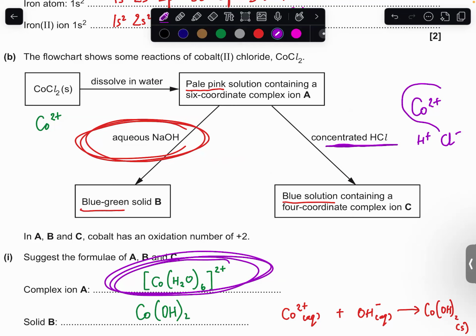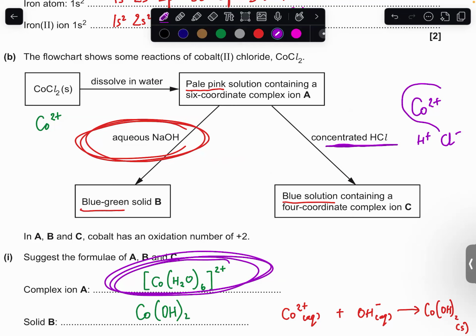Now, the complex ion it forms, we've learned this with copper. When you add concentrated HCl to a copper 2 plus solution, those 6 water ligands get replaced or substituted with 4 chloride ion ligands.